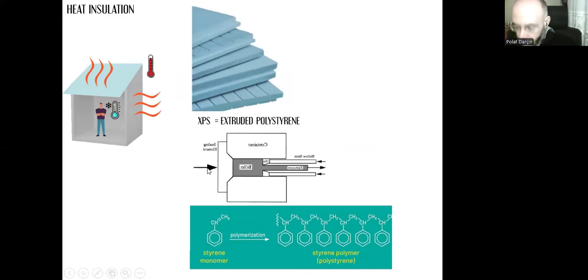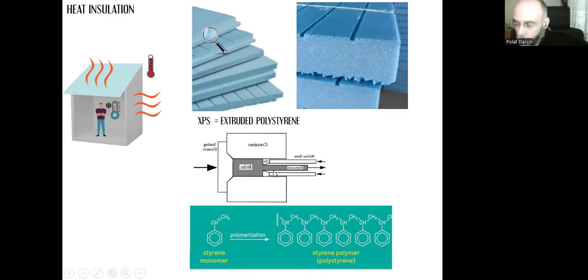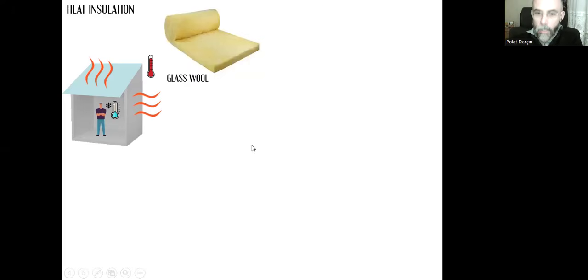Extrusion is the name of the method of how these boards are created. There is this pool of polymer, polystyrene, and they force this melted half liquid plastic substance to pass through this tiny gap. And on the opposite side, we have these boards. We don't see the tiny bubbles anymore. It's a more compact substance.